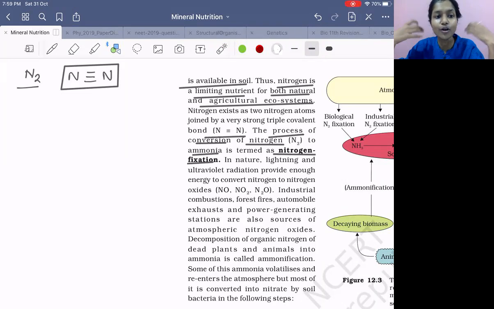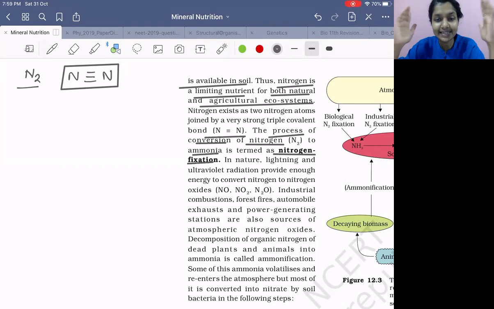Because a plant cannot absorb gas. Diffusion of gas is impossible. So it has to be converted to some form, some ion, that the plant is able to absorb, right? Now the thing is, how many ways are there to convert this N2? There are so many ways, you know.